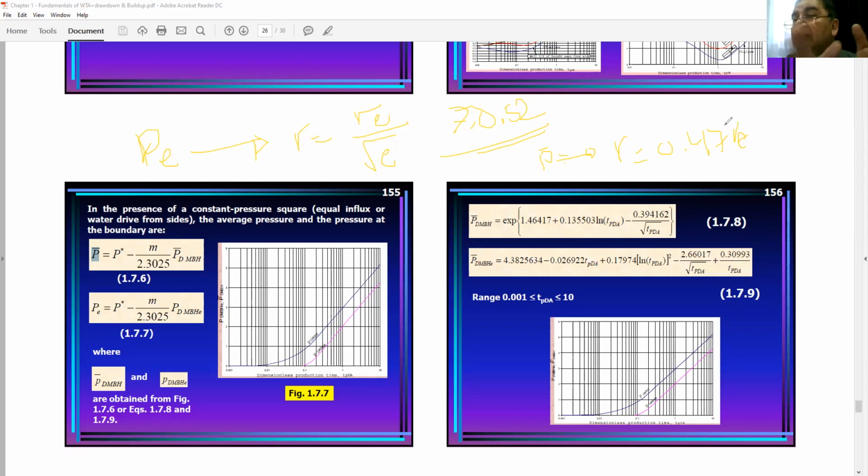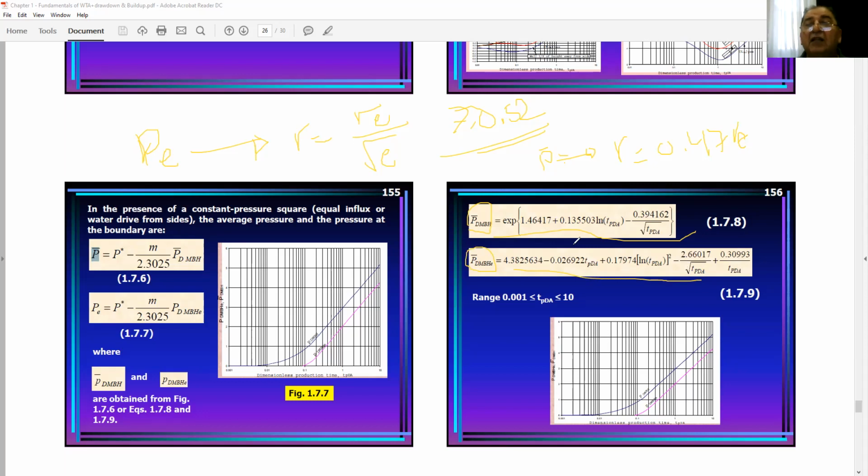So whatever you have, you can calculate the P average or PE. If you do not have Figure 1.77, you can calculate PDMBH-dash from this model, or you can calculate PDMBHE from this model. This is the analytical solution. So this is Matthews, Brons, and Hazebroek's proof.